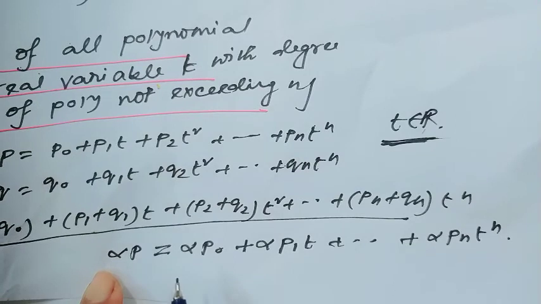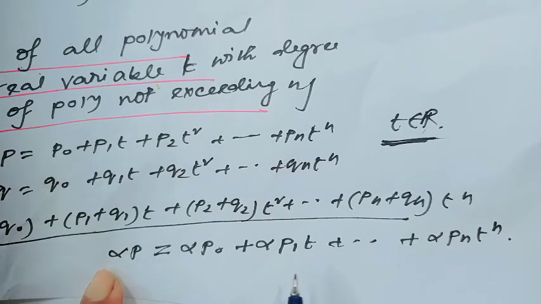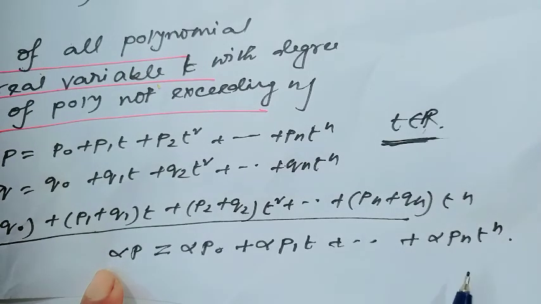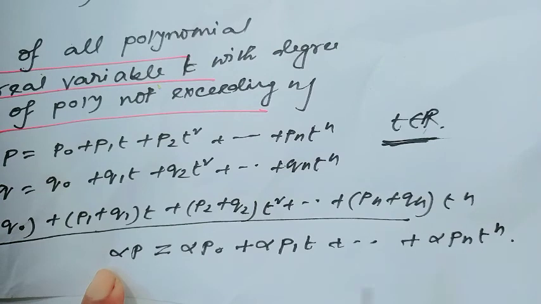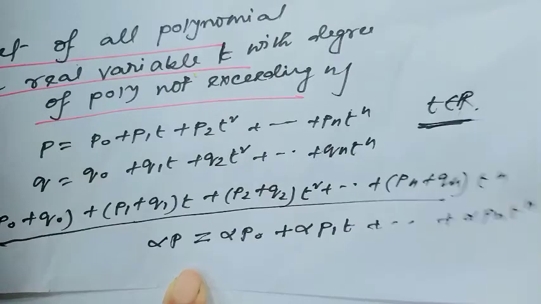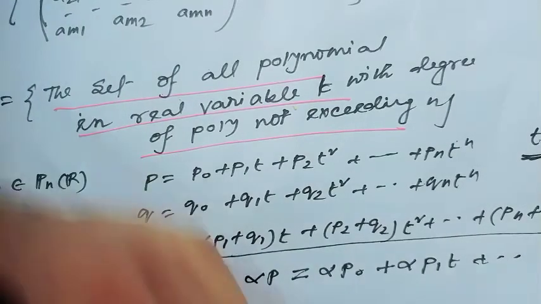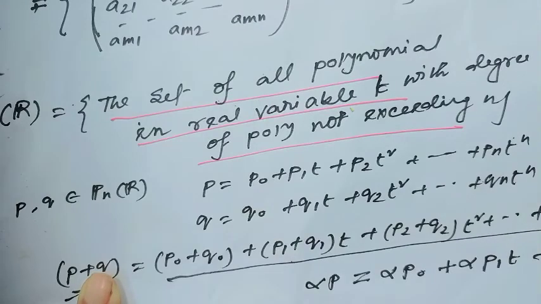Alpha times p would also be alpha p_0 plus alpha p_1 t up to alpha p_n t to the power n. This is also a polynomial of real variable t with degree n. So this is also a member of this vector space. So this is an example of a vector space.